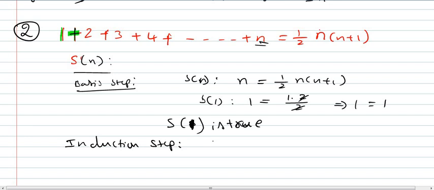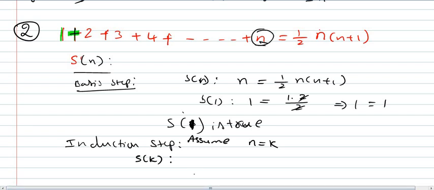In the induction step, you have to assume that it is true for n is equal to k. Then write the equation S of k. Then which term do you have to add here? What is the next term?